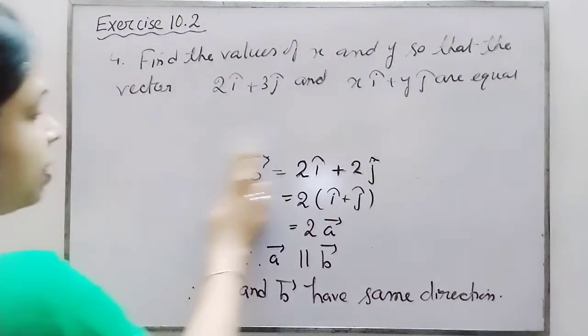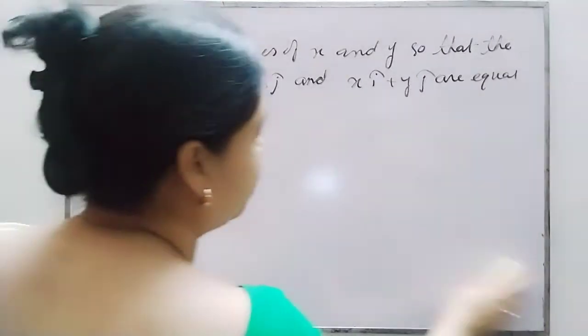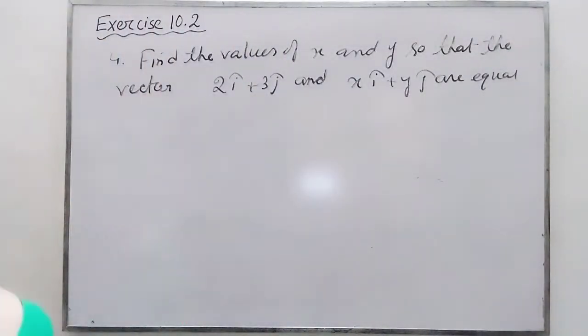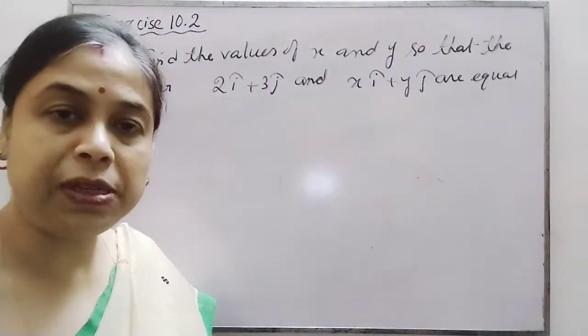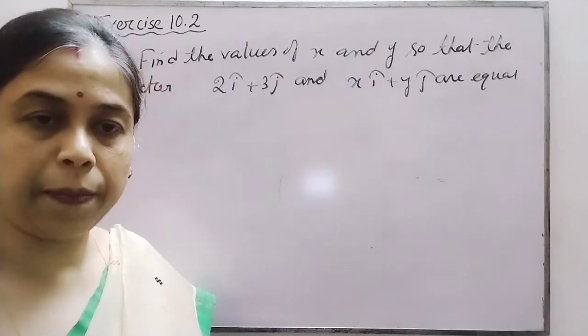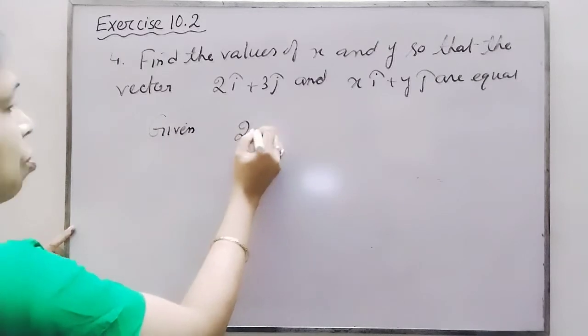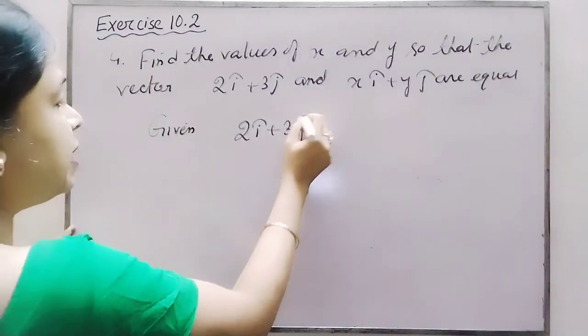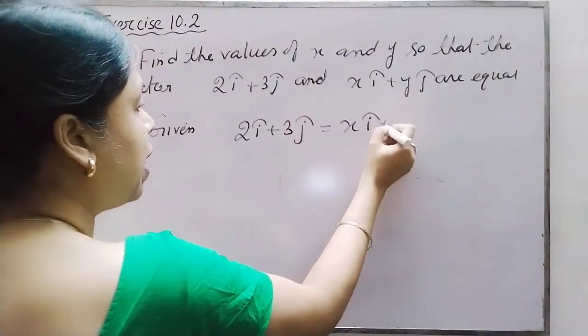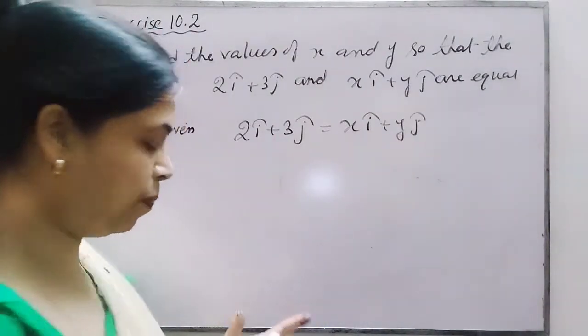So here you have two vectors given and it is given that they are equal. Your aim is to get the values of x and y. So we will start from the given things: 2i cap plus 3j cap is equal to xi cap plus yj cap.